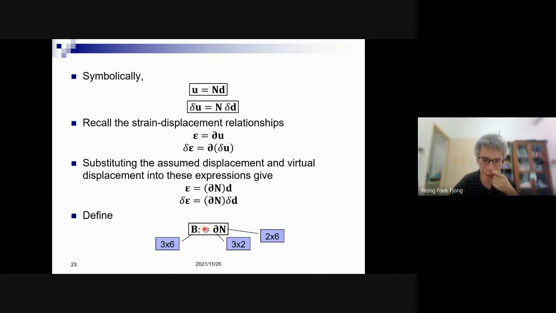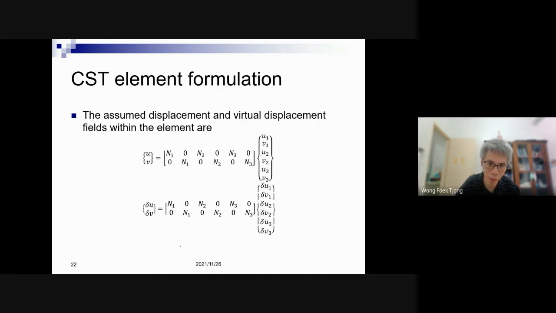And this is a matrix of 3 by 6. Why? Because you know in plane strain and plane stress, epsilon is 3 by 1, because the strain consists of epsilon x, epsilon y, and gamma xy. Similarly for virtual strain. So the differential operator is 3 by 2, and this is 2 by 6. As you see, this is 2 by 6, right?